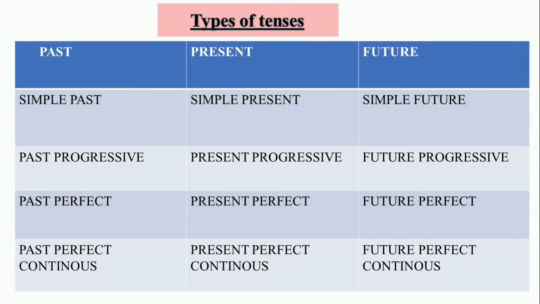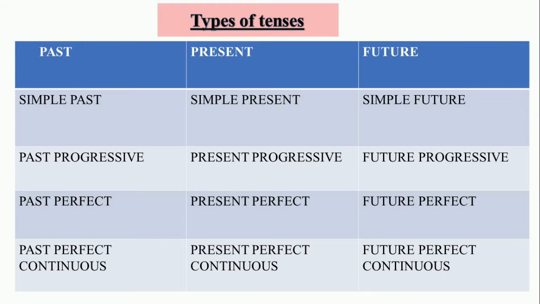In order to show at what stage an action is, each of the three tenses has been subdivided into four heads. These subdivisions are simple, progressive, perfect, and perfect continuous.